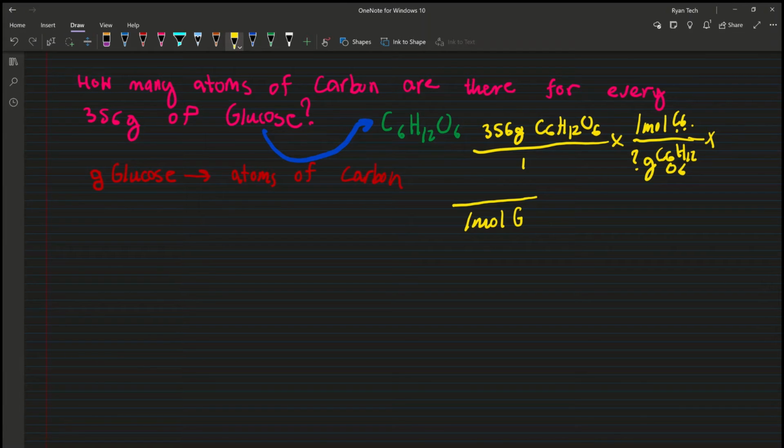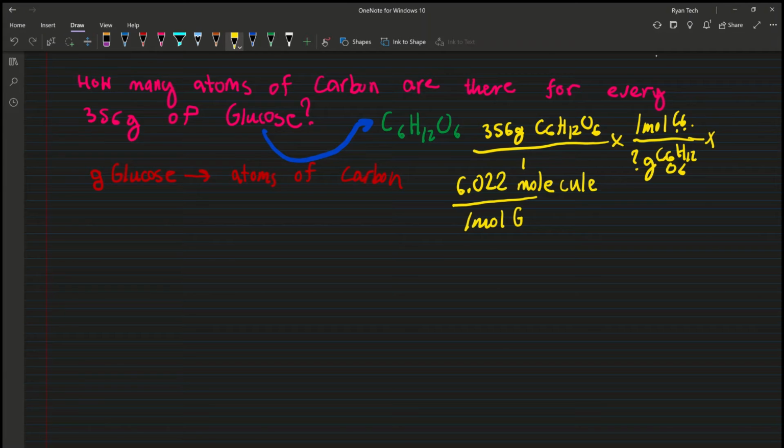6, it's going to be over Avogadro's number, as we mentioned, whenever we convert to atoms. This time, we're converting it to molecules. So yet again, this Avogadro number works for molecules and atoms, as mentioned previously.